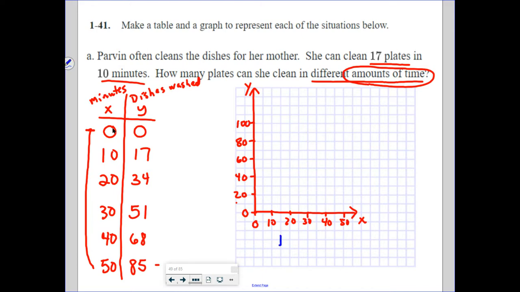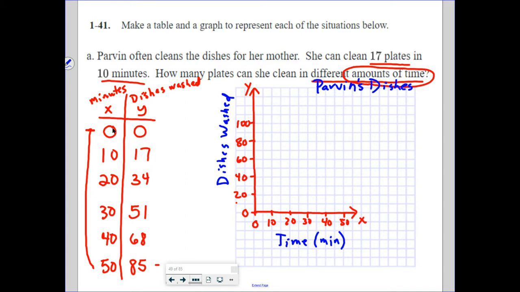This down here should be time in minutes, and over on the y-axis should be dishes washed. We always put labels, okay? And over here, we need a title, Marvin's dishes, or something like that, okay?